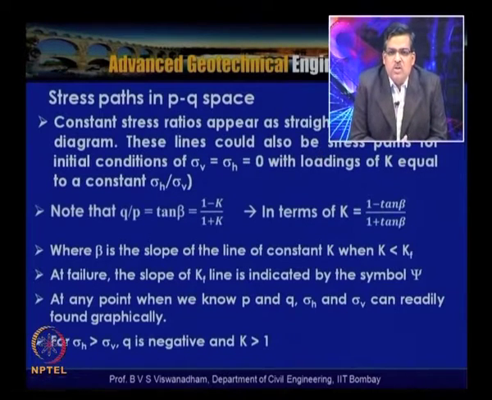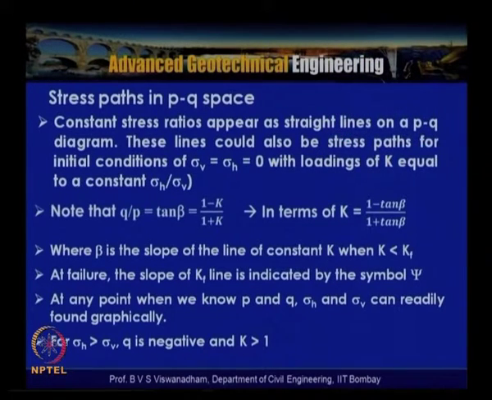So the constant stress ratios appear as straight lines on a p q diagram. These lines could also be stress paths for initial conditions of sigma v equal to sigma h equal to 0, with loading at k equal to a constant sigma h by sigma v.